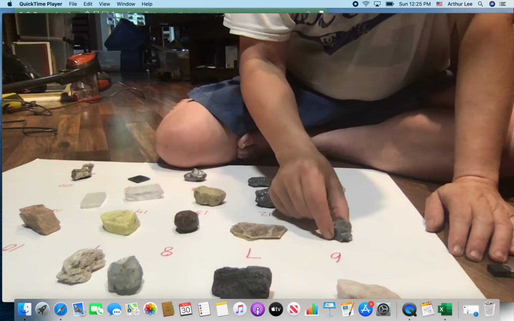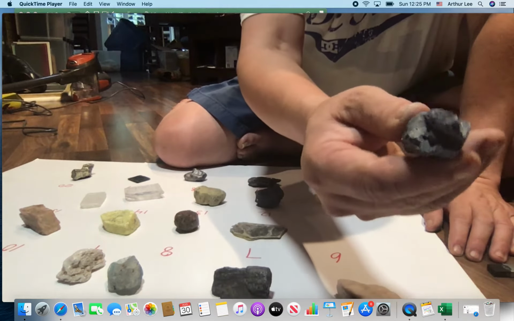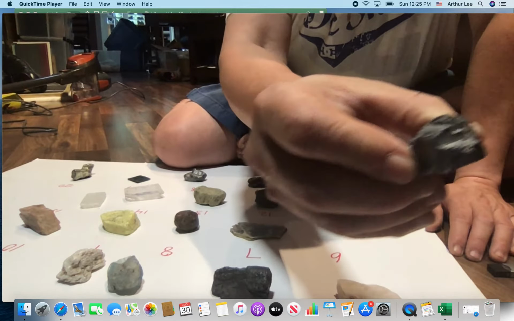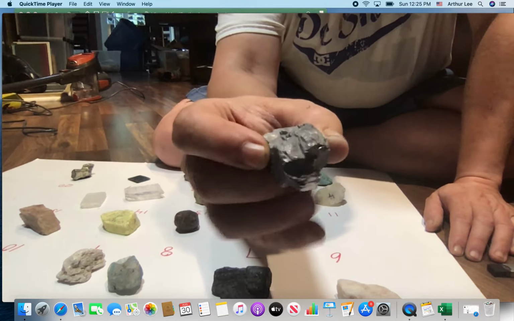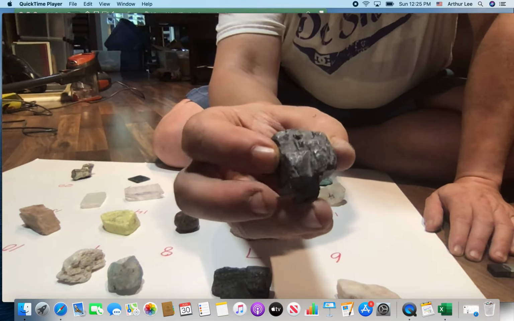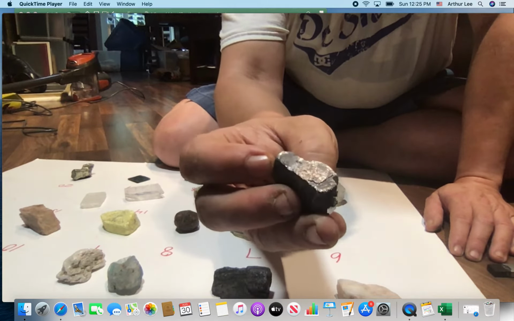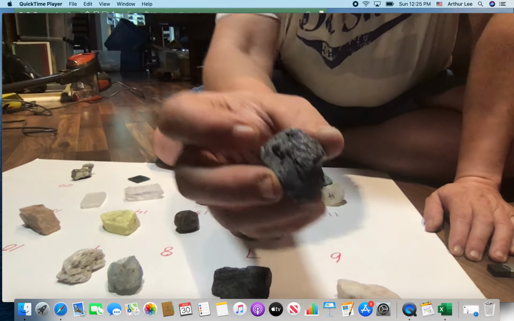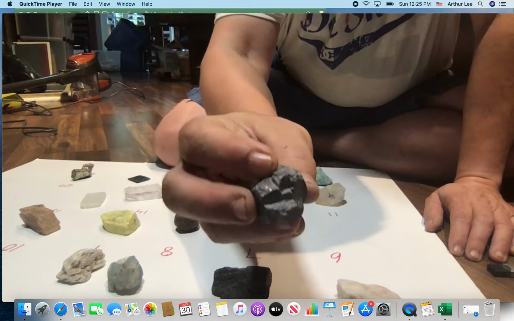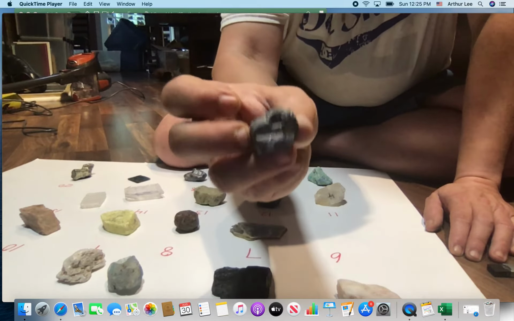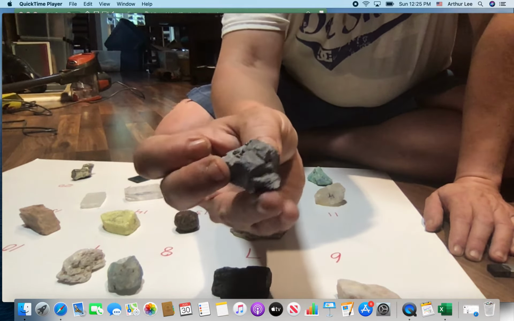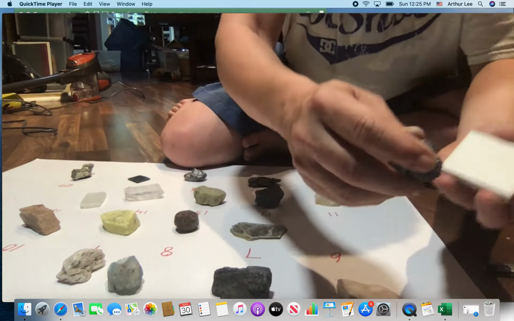Mineral number 6 right here. Let's take a look at it. Do you see flat planes of breakage on it? You see a predictable way it's going to break? You see flat planes here? You got the color. And I'm going to rub it against this white plate here.